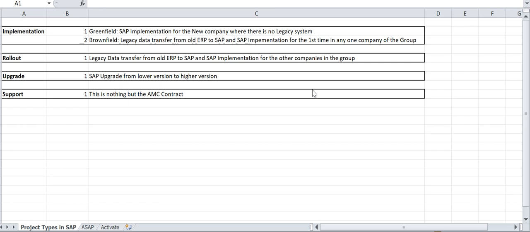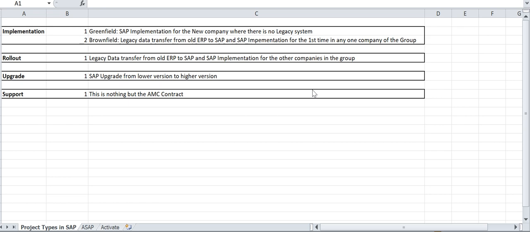Now the other 9 companies also plan to implement SAP one by one. From the second company onwards until the 10th company, the SAP implementation project would be called a rollout project. Okay, I hope this is clear.